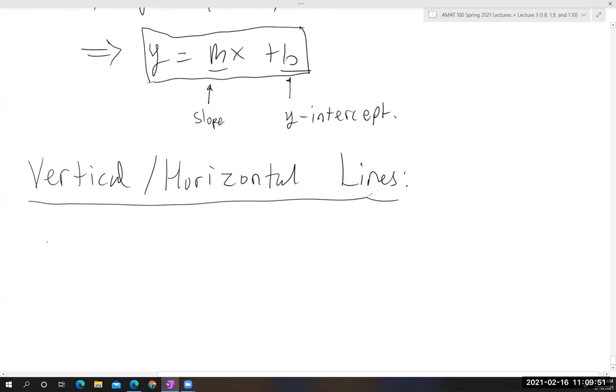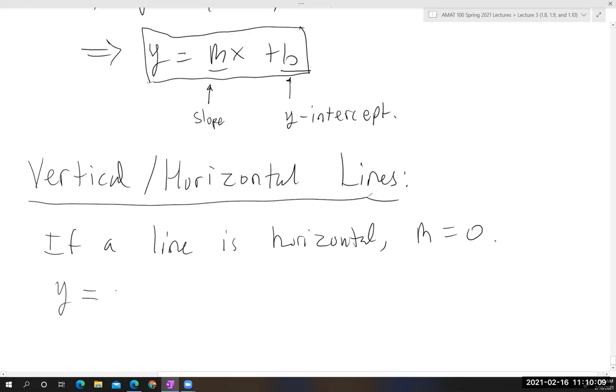Well, if a line is horizontal, then we know its slope m is 0. So if you go back to the equation, y is equal to m times (x minus x1) plus y1. If you plug in 0, what you get is y is equal to y1. So the y coordinate is constant.